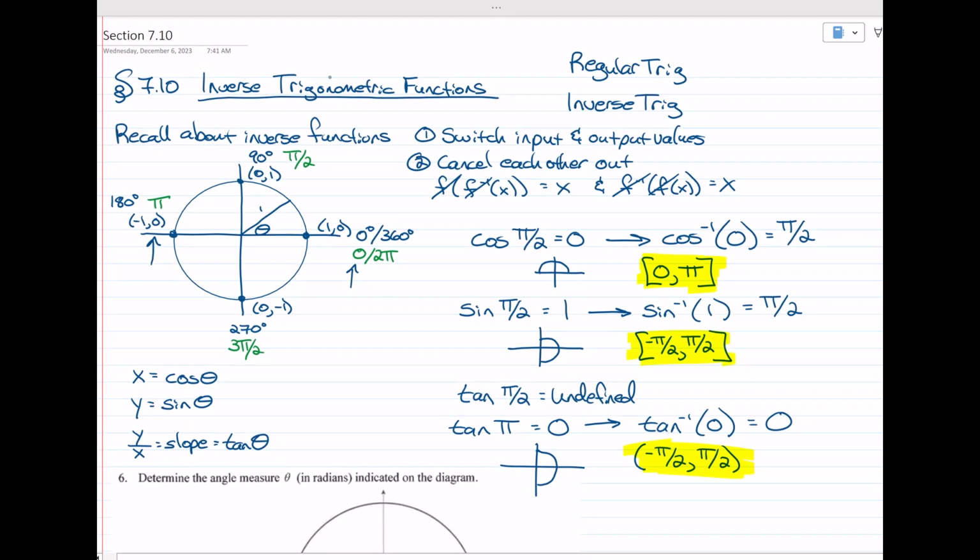With regular trig, the input is an angle and the output is a value. For inverse trig, the input is the value and the output is the angle that gives you that value.